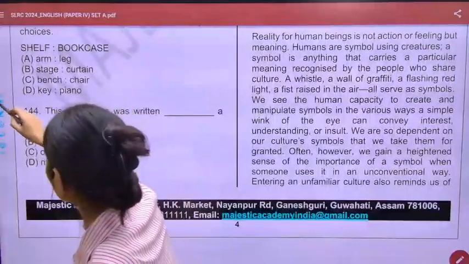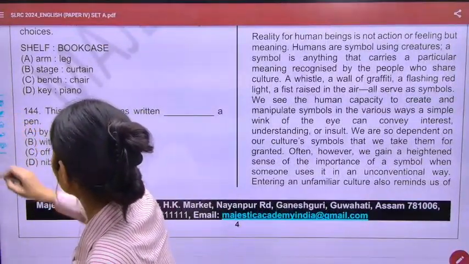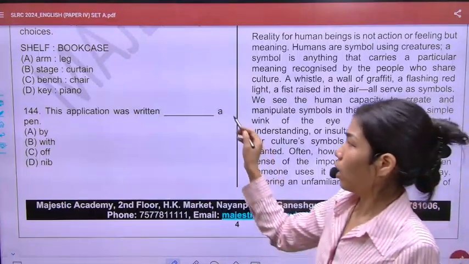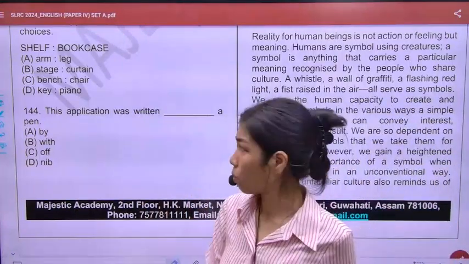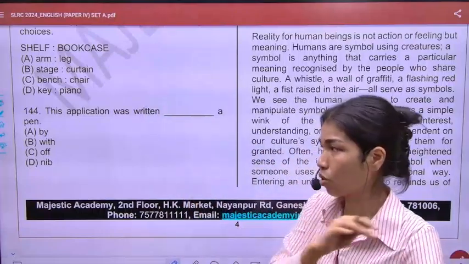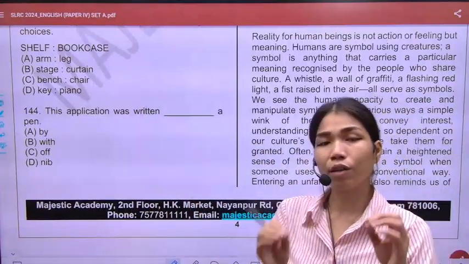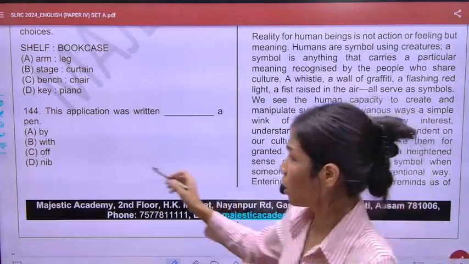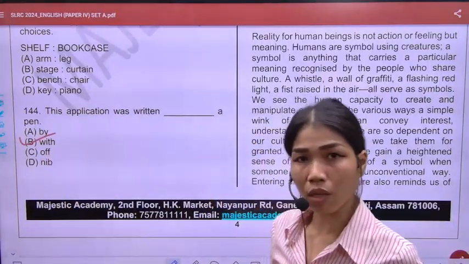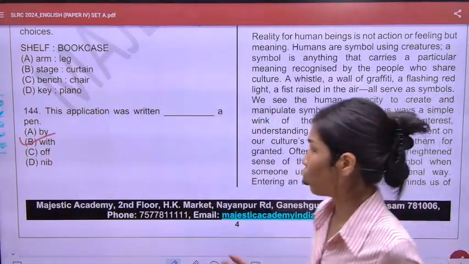Let's move to the next question, and the next question says, this application was written dash a pen. We did this question very well in class, and whichever students attended the prepositions class have definitely given the correct answer, and the correct answer should be with. I have taught you the rule.